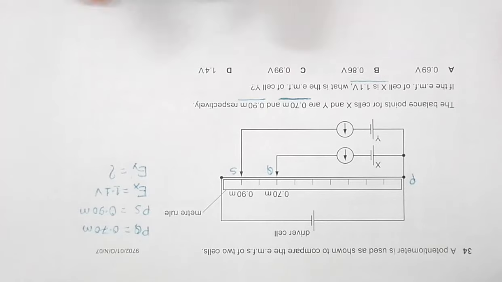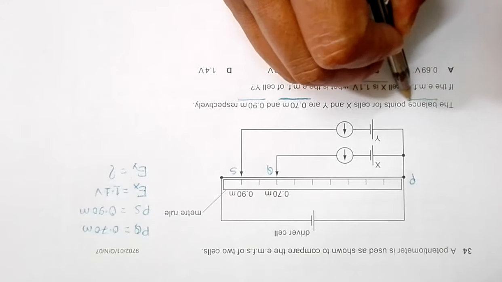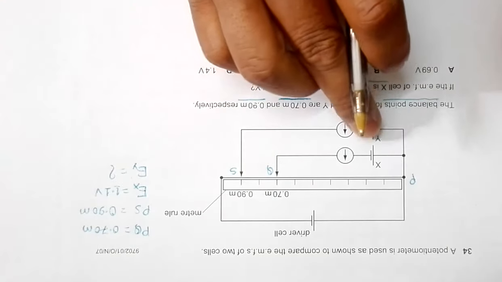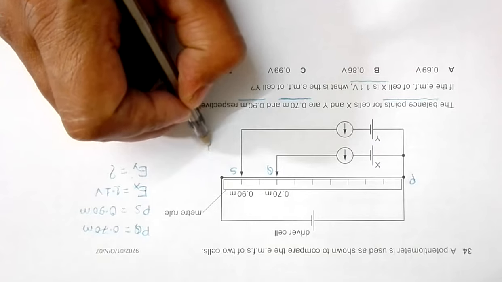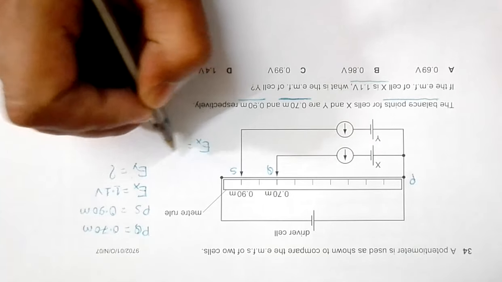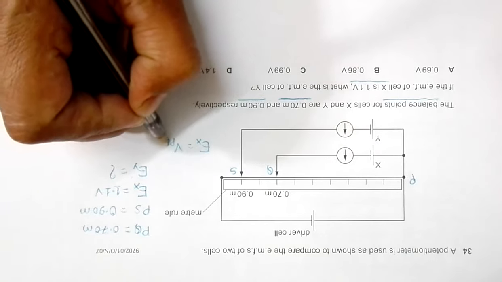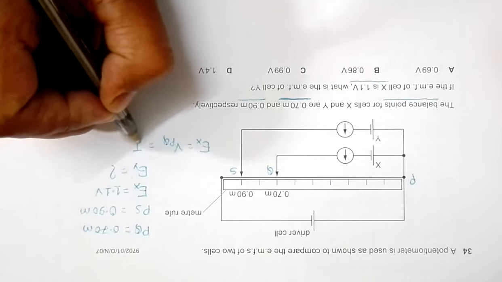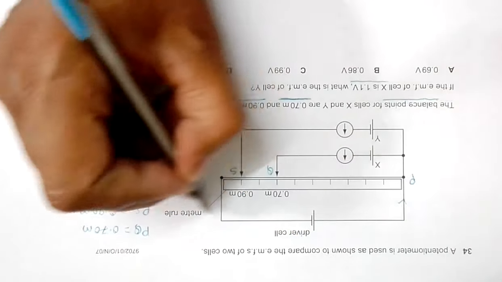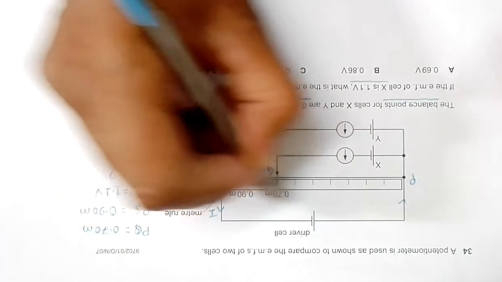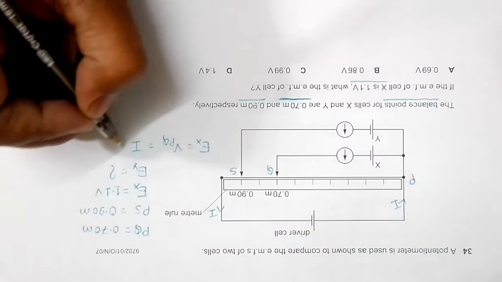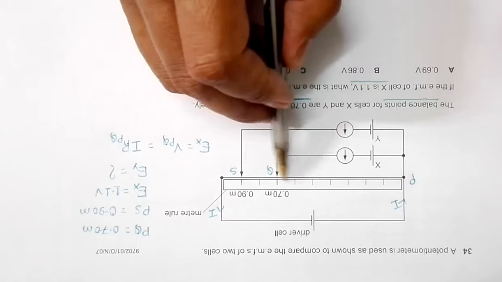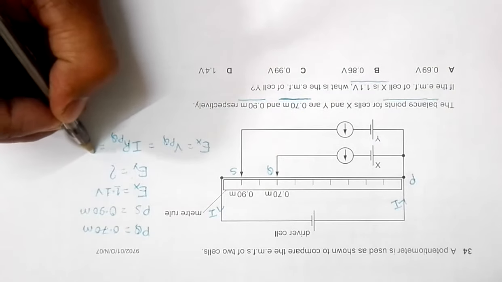So let us first remember that a potentiometer like this will be in balance when, if I have used only this cell X, I must have at that time EX is equal to VPQ during the condition of balance, and that's equal to I into R between P and Q, where I is the current flowing in the circuit.